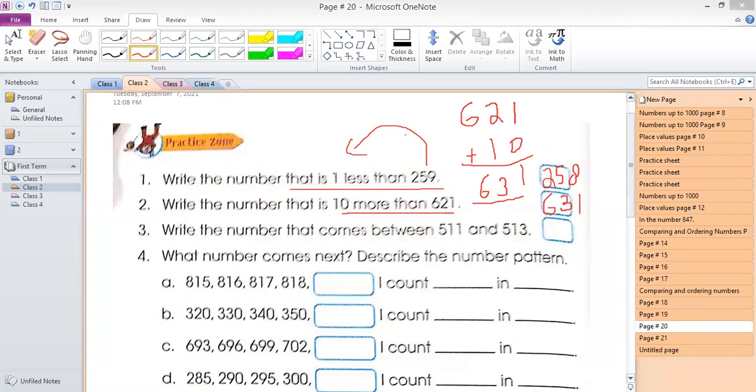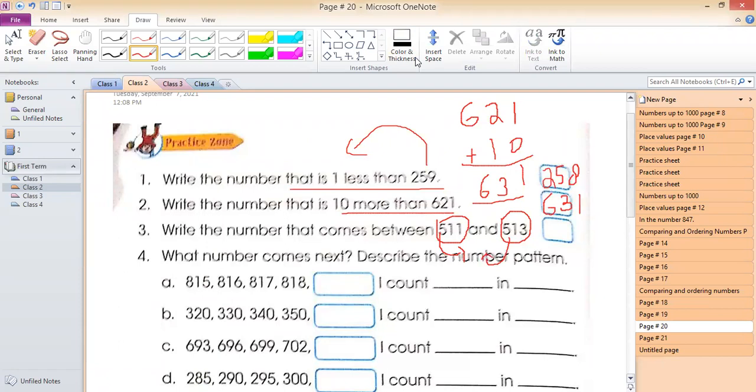Now question number 3. Write the number that comes between 511 and 513. So in order to find out the number which comes between these two numbers, you have two ways. Either you check the number which comes after 511 or you check the number which comes before 513.